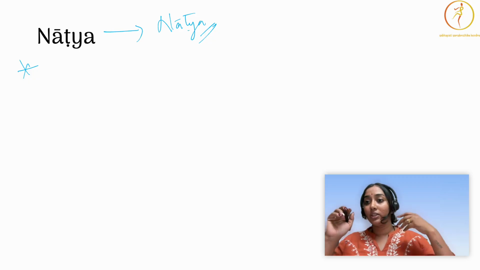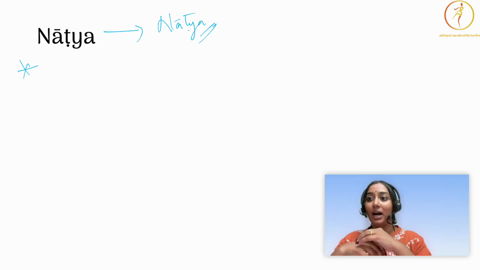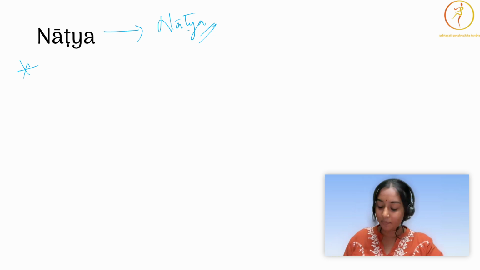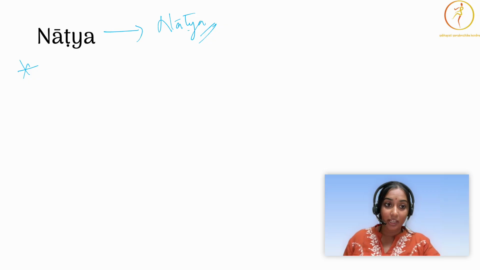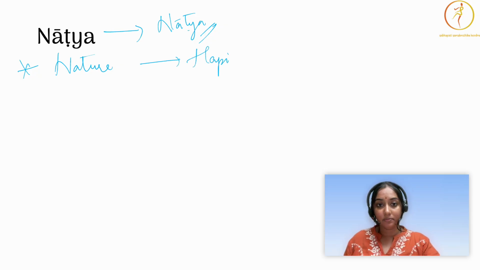He says, Yoyam Swabhavo Lokasya Sukha Dukkha Samanvitaha, Songa abhinayopetaha natyamityabhidhiyate. So he says, Yoyam svabhavaha lokasya. What is the nature of the world? The nature of the world, which has both happiness and pain.